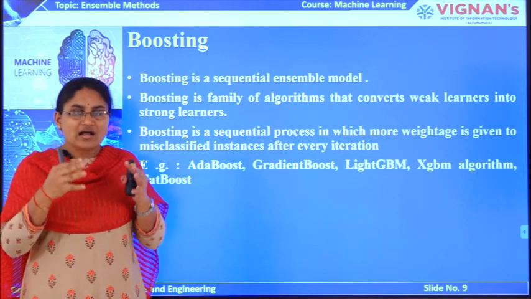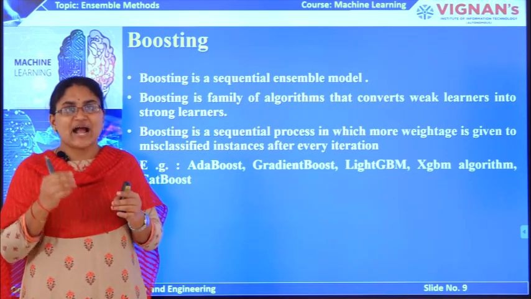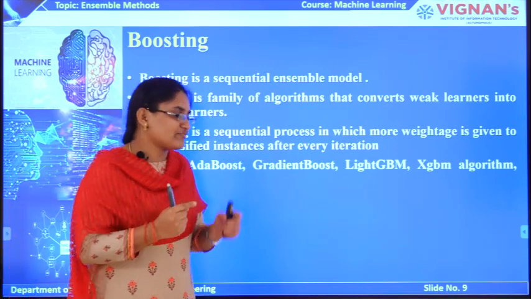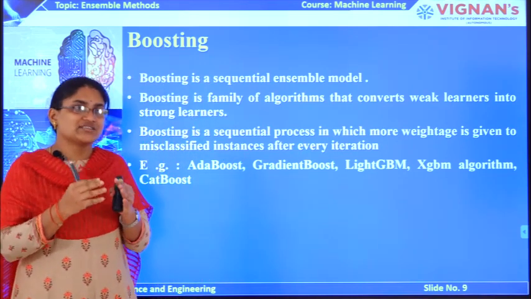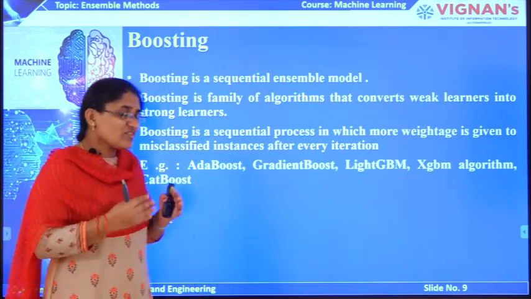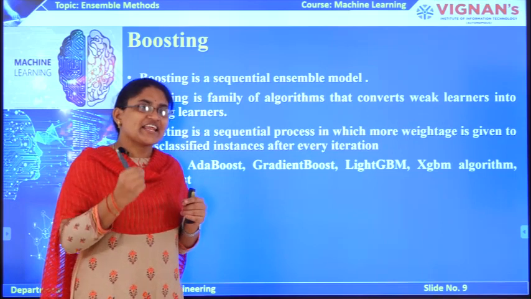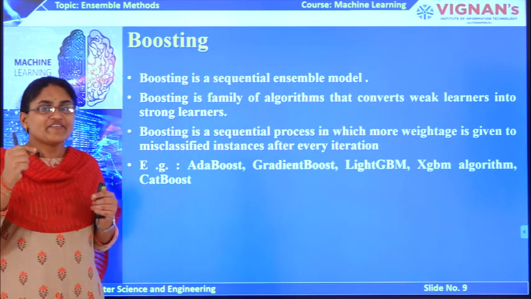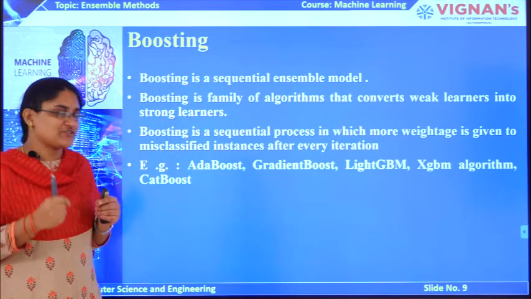All these weak classifiers are combined to form one strong classifier. For this conversion of weak classifiers into a strong classifier, the boosting model reweights the misclassified observations in each weak classifier.